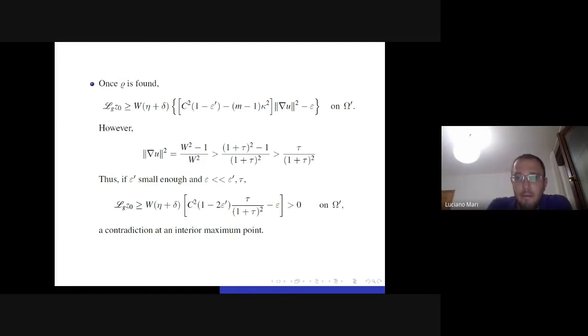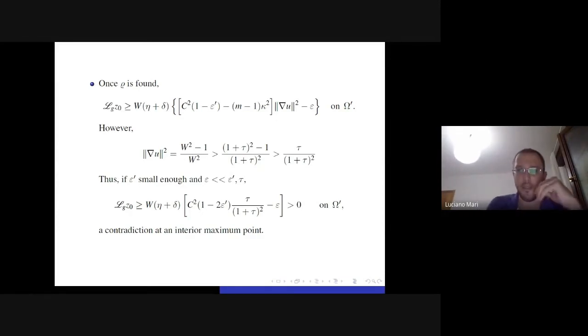So if epsilon prime is small enough, since c is bigger than k square root of m minus 1, the coefficient of grad u squared can be positive. So at the end, we get an inequality that, for epsilon sufficiently small, depending on epsilon prime and tau again, is positive on omega prime, and you get a contradiction.